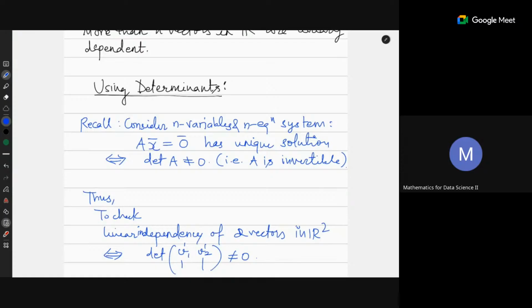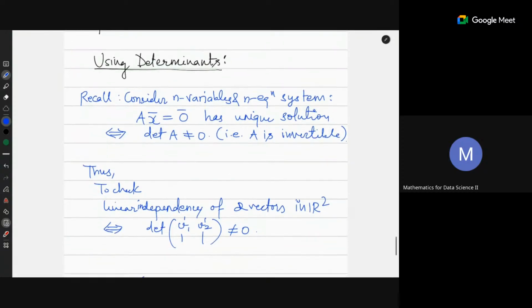So now, if you want to check the linear dependency of two vectors in R2, you just need to look at the determinant of this matrix. Suppose you have the vectors (1, 3) and (4, 5). It has two vectors, and there will be two equations, because it is in R2.